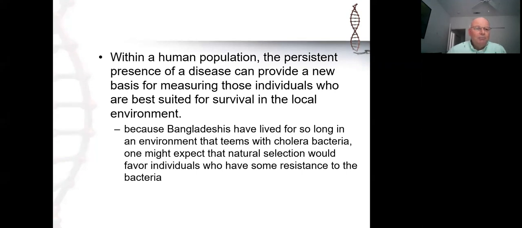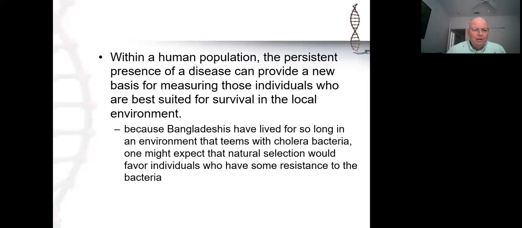And the presence of this mutation actually provides some resistance to gut bacteria, particularly the cholera bacterium. But of course, if you happen to have cystic fibrosis, that's bad news, because it will eventually wind up killing you, because it is a lethal condition with no cure.